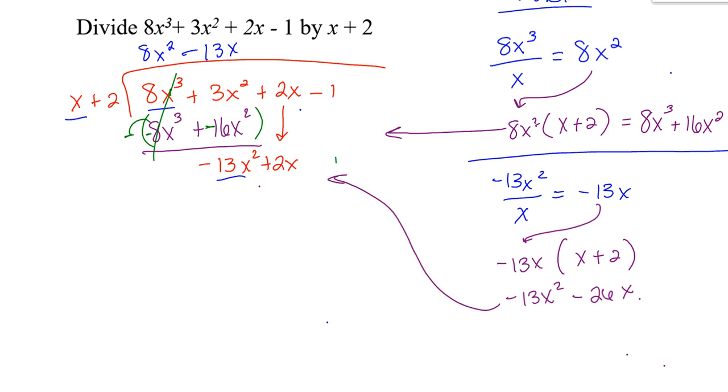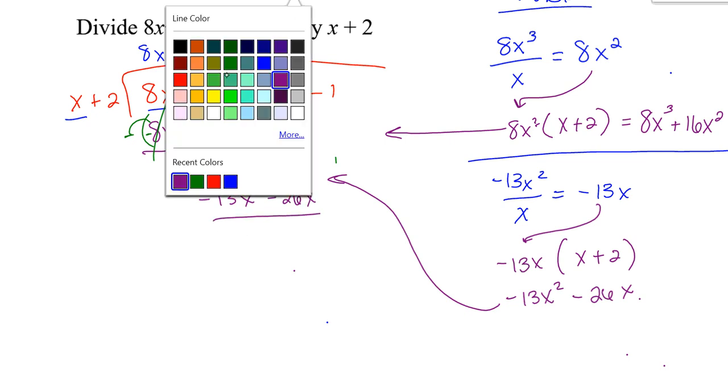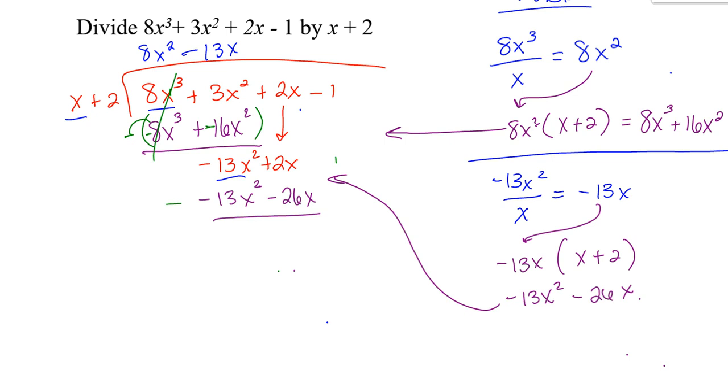That gets written below. Okay, and then we're going to subtract. #1 step. This is where people make mistakes. Both things change, and then when we add them down, those cancel. They need to cancel. If they didn't cancel, you made a mistake somewhere. This becomes 28x. Okay, going to bring down that next term and start the whole process over again.